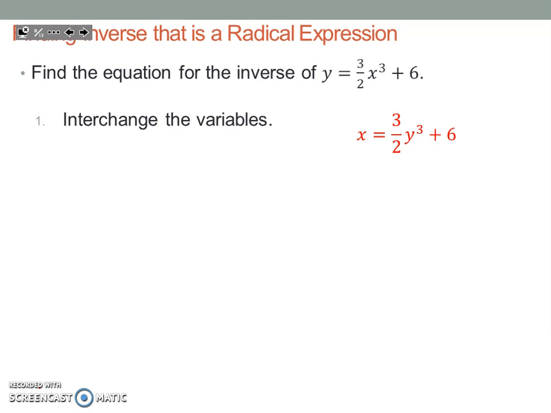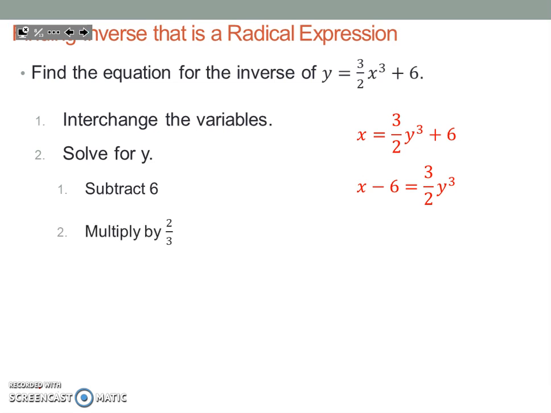Now again, I'm going to solve this for y. If we solve this for y, I'm going to subtract 6 to the other side. Then I need to get rid of that 3/2. So I'm going to multiply both sides by 2/3. Show a little bit more work here. Multiply it by 2/3. That would cancel. If I multiply over here by 2/3, that 2/3 is going to have to distribute to both of those. So I've got 2/3 x. That's easy to see.